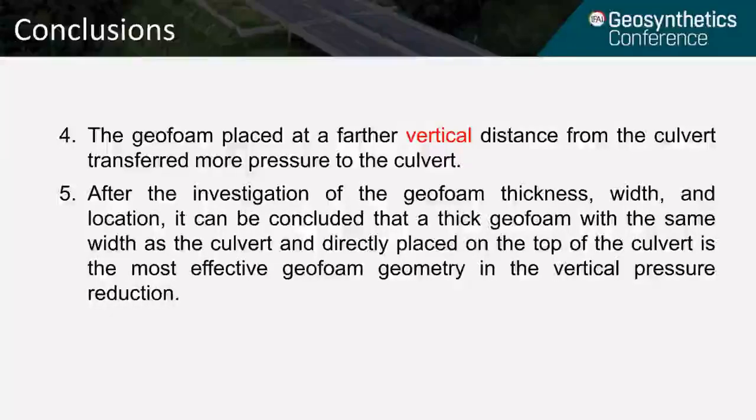In summary, after the investigation of the geofoam thickness, width, and location, it can be concluded that a thick geofoam with the same width as the culvert, placed directly on top of the culvert, is the most effective geofoam geometry for vertical pressure reduction.